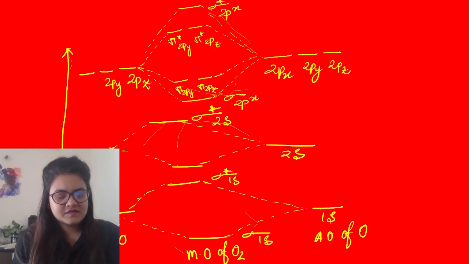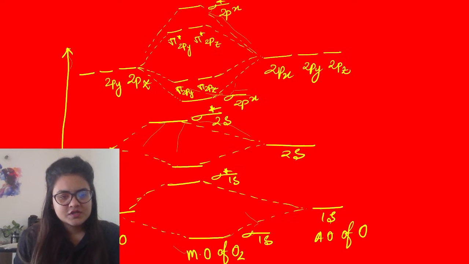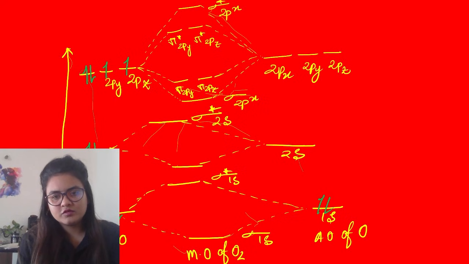Now we will fill up the electrons in this. 1s has 2 electrons, 2s 2 electrons, and 2p 1 2 3 4. Now we do the same thing here, 1 2 3 4 5 6 7 8.